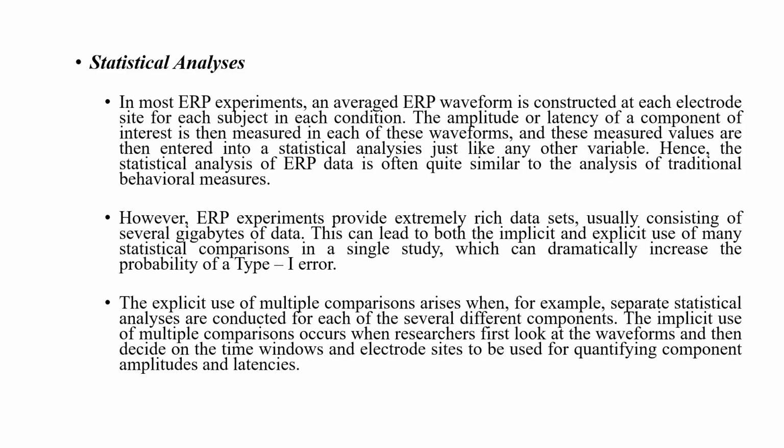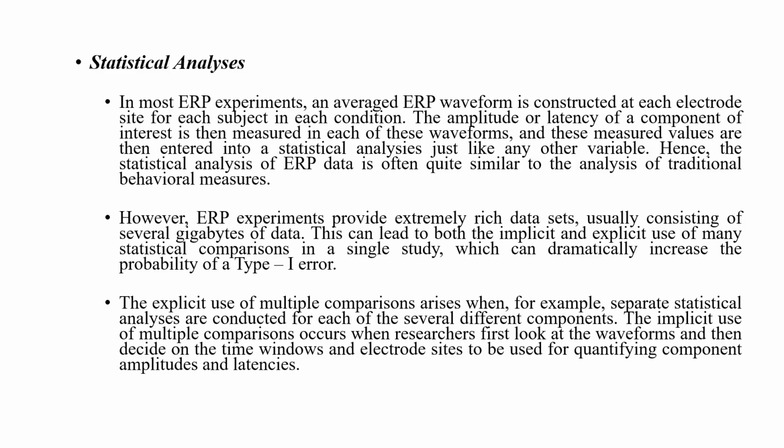Finally, the most important step is the statistical analysis. As in all kinds of experimental methods, in most ERP experiments, an average ERP waveform is constructed at each electrode site for each subject in each condition. So, you basically get subject-wise data. The amplitude or the latency of a component of interest is then measured in each of these different waveforms, and these measured values are then entered into statistical analysis just like any other variable, just like you would do with reaction times or accuracy.